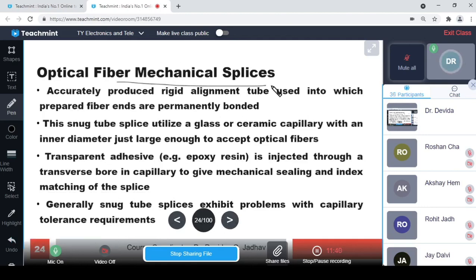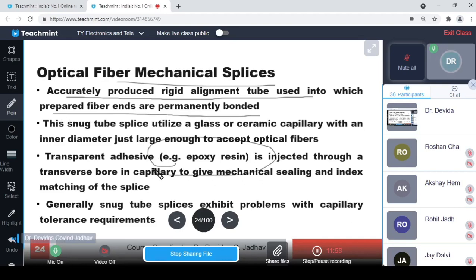Now in the mechanical splice, an accurate rigid alignment is produced using a tube into which the prepared fiber ends are permanently bonded, maybe with epoxy resin.